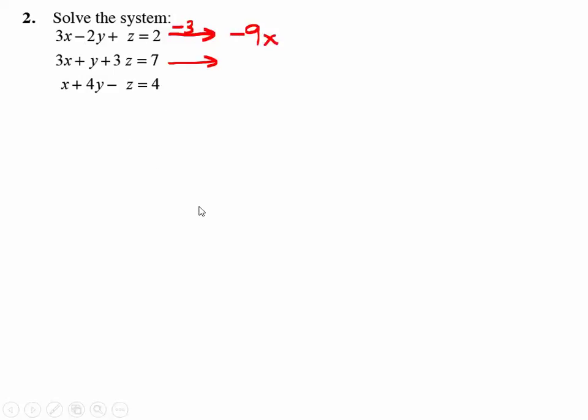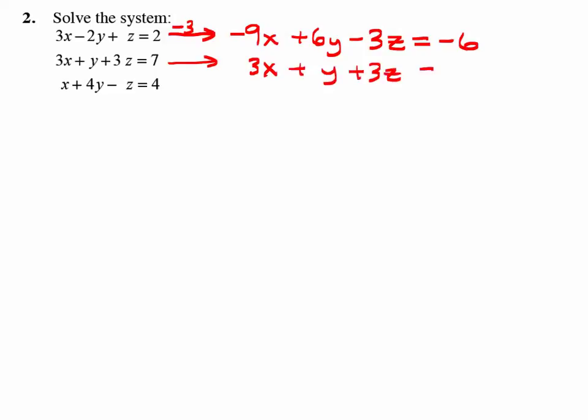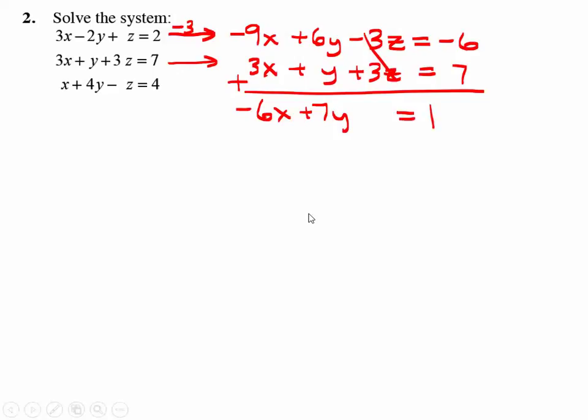So then I got a -9x plus 6y minus 3z is equal to a -6. The bottom equation stays exactly the same, no changes there, because I have my opposite. Alright, so adding up, -9 and 3 makes a -6x. How about a 7y, and the z's are gone, and a 1 on that side.